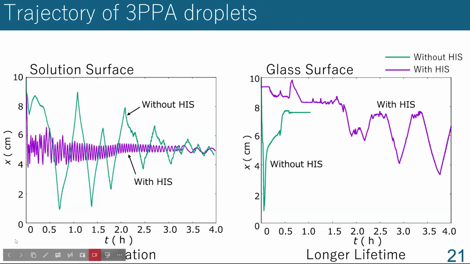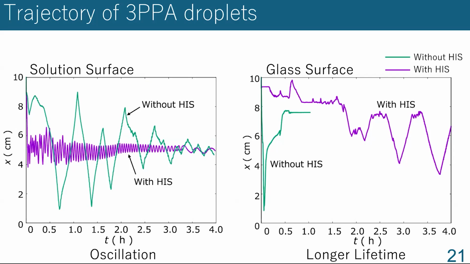To see the motion with the trajectory, we could see this kind of difference between the propulsion one and the propulsion and reaction combination. The purple one is the movement with histidine, which is the reaction one, and the green one is the normal propulsion without histidine.